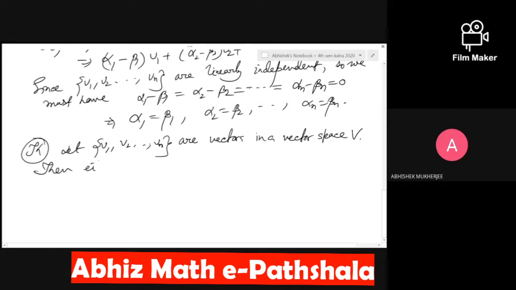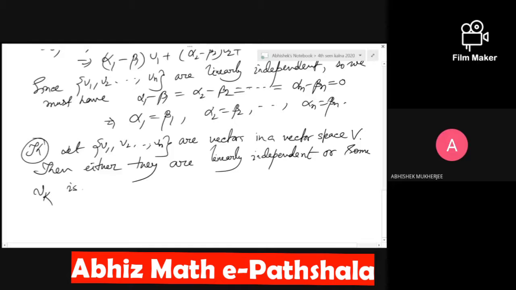Then either these vectors are linearly independent or some Vk is a linear combination of the preceding vectors.